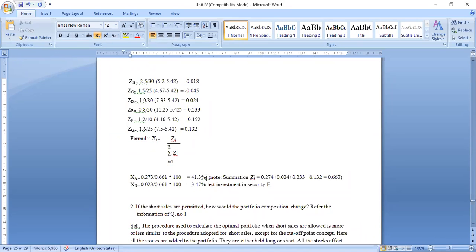Now when I consider XA, that is 0.274 divided by 0.663, this will give us the proportion of investment that we can make for security A: 0.274 divided by 0.663 into 100. So that is 41.3% only that you will get.